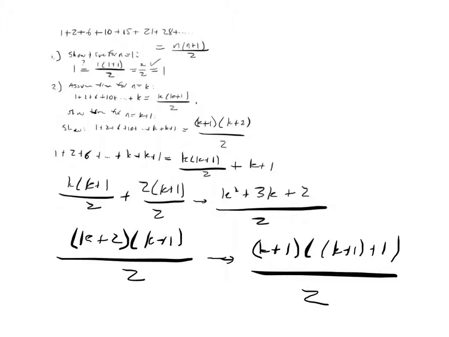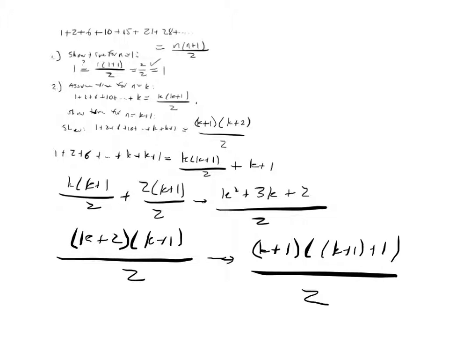all over 2. And I want to look at that for a minute. I now have shown that this side right here simplifies to this. What do I have in the left side? I have the sum out to the k plus first term. I needed to show what?